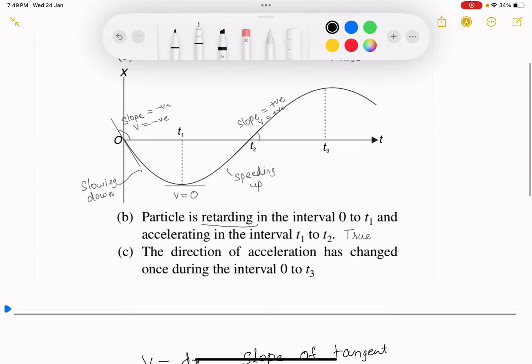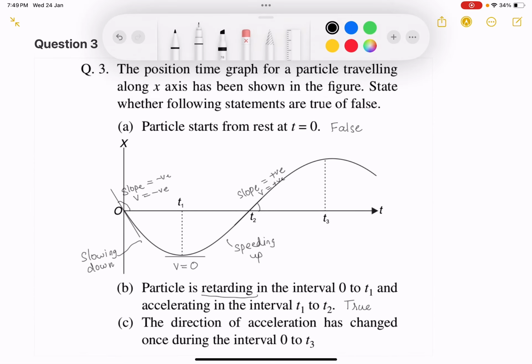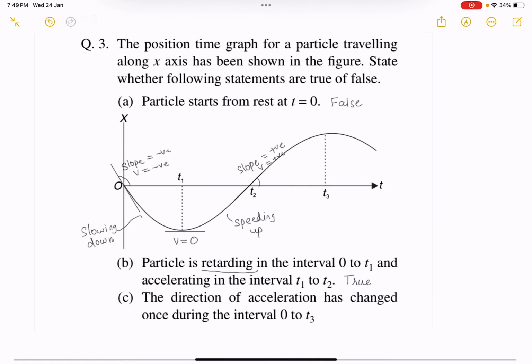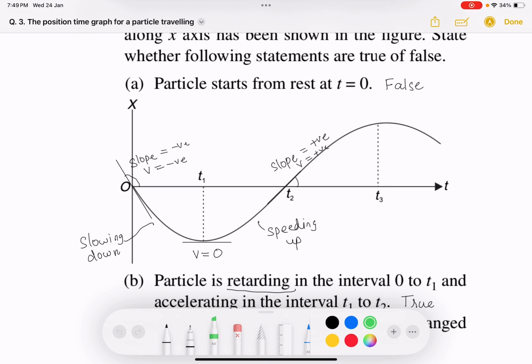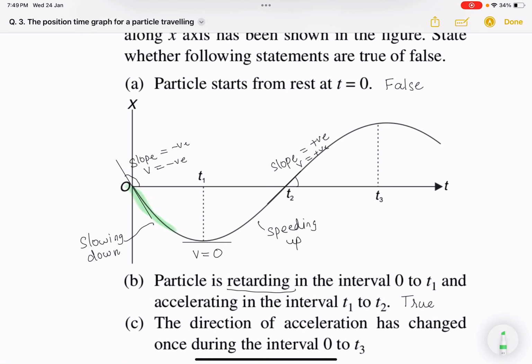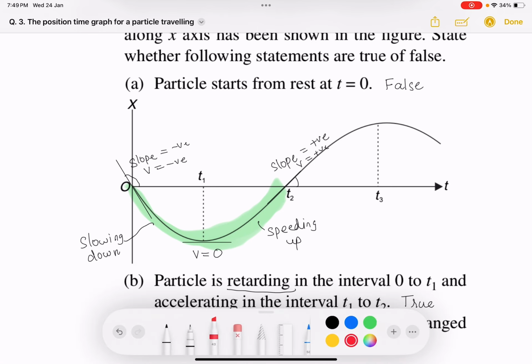Now if you look at the graph from here to here in the first region, let us mark the region as green. In the green region, the graph is concave up. So in that region, what I will say is that the acceleration of the particle is positive.